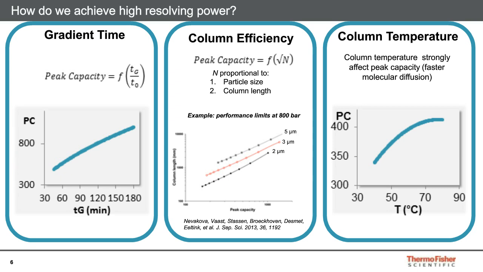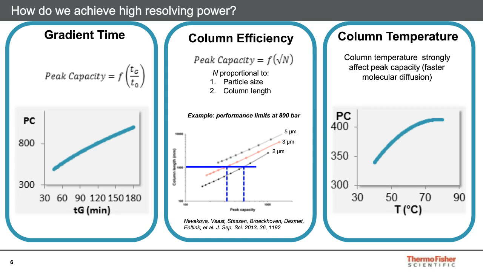Here in the middle figure, you see indeed that when you increase the column length at a specific pressure, your peak capacity increases. Then when you compare a particular column length, let's say, for example, a hypothetical 1 meter column, you clearly see that the peak capacity provided by a column packed with 3 micrometer particles is much lower than the one provided by the column with 2 micrometer particles. We are talking for this specific example, 300 versus more than 500.